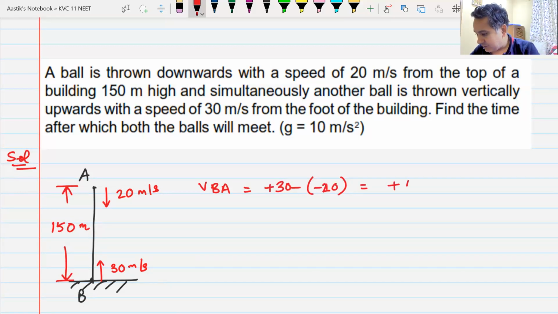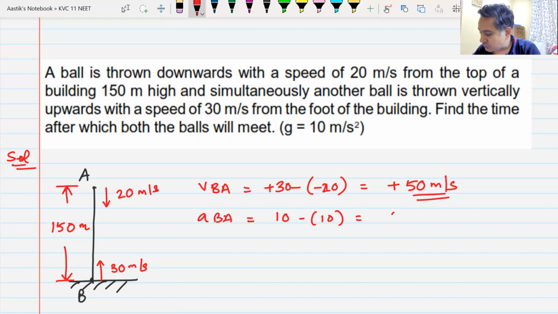So it becomes plus 50. If I find the acceleration of B with respect to A, it will be 10 minus 10, which is equal to 0.